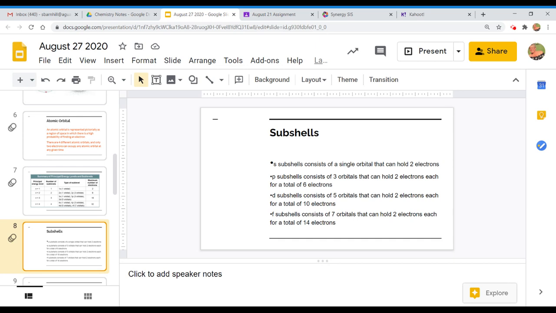The D subshells consist of 5 atomic orbitals. Each one of these can hold 2 electrons for a total of 10 electrons.